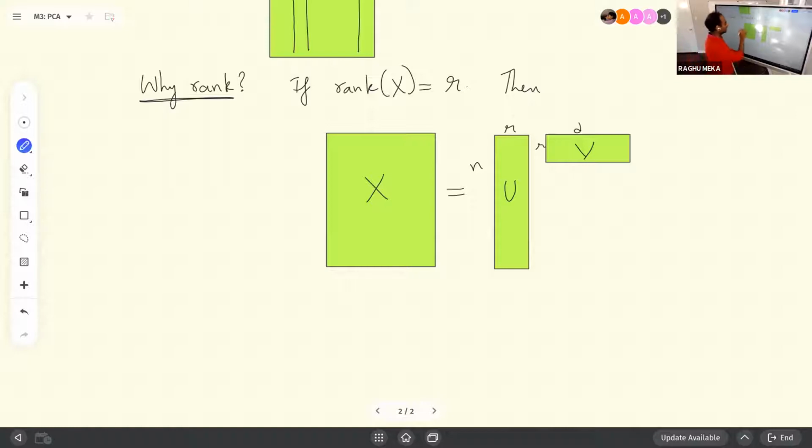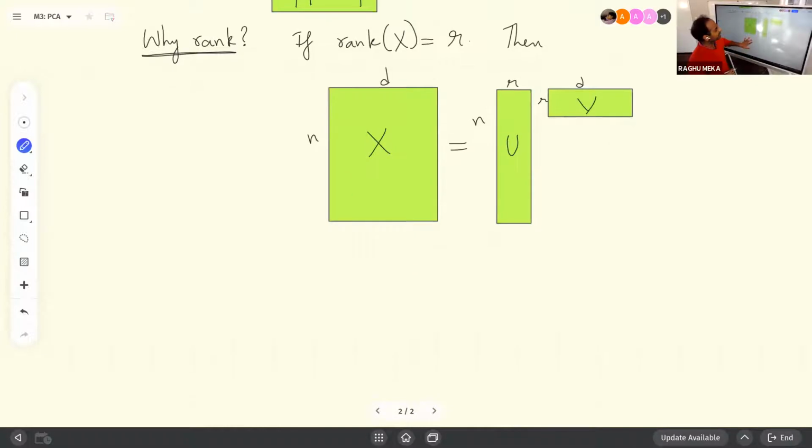An n by d matrix is of rank r if and only if I can write it as a product of two matrices, each of which has dimensions n by r and r by d. This is a simpler way to represent or break up the original matrix as a product of two things.